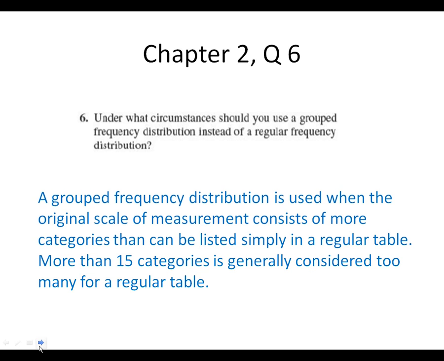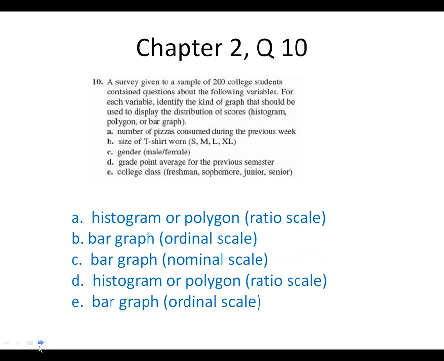So just remember, if it's looking really complicated, you could break it up into intervals. And it's very handy to do with ages, by the way. If you're doing an age group from infancy to senescence, you may want to start doing a 5 or 10 year frequency interval. Okay, popping over to the next one is question 10.